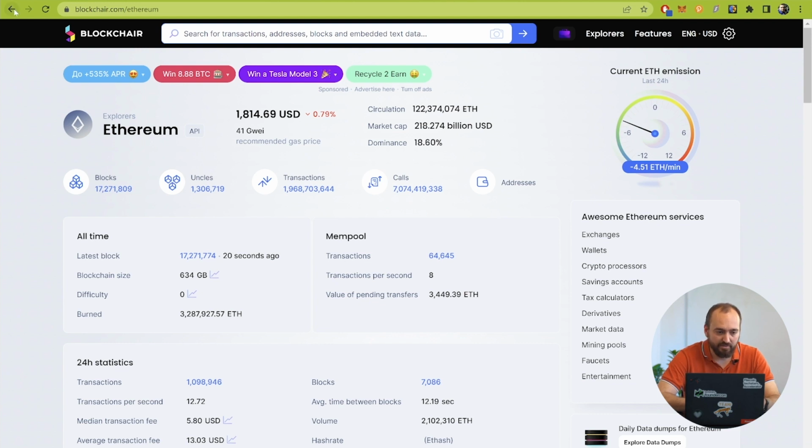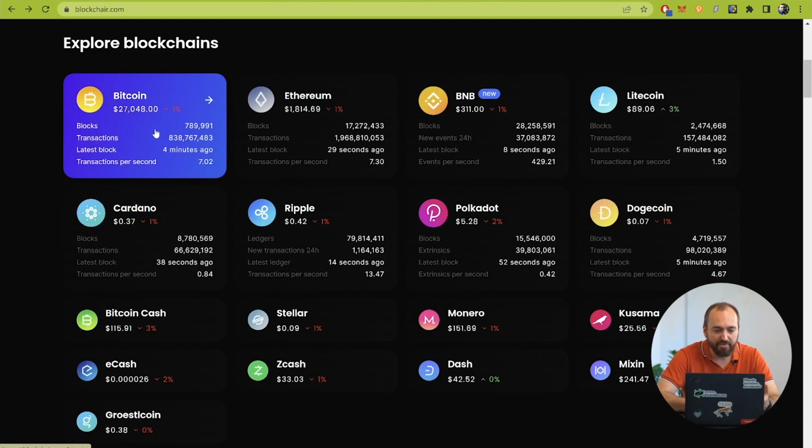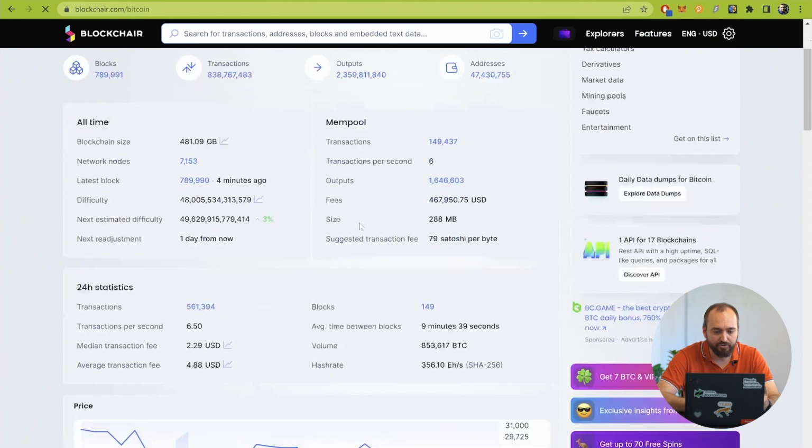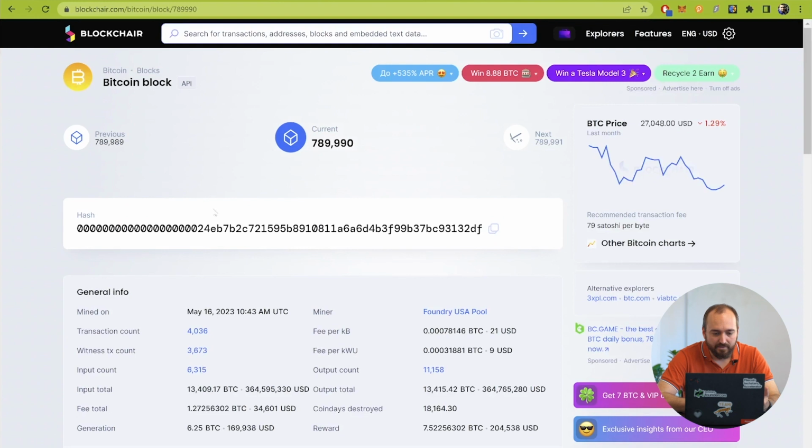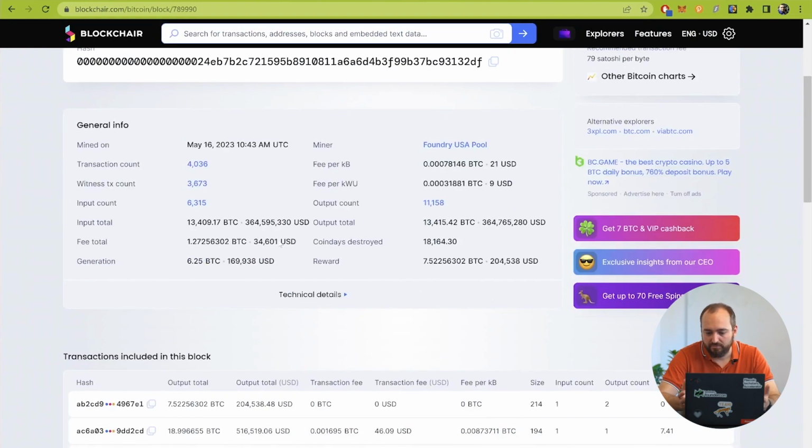For example, if we come back to Bitcoin and check the block that mined the last one, we can see the reward for the miners, and the miners' reward is more than 7 Bitcoins for the block.